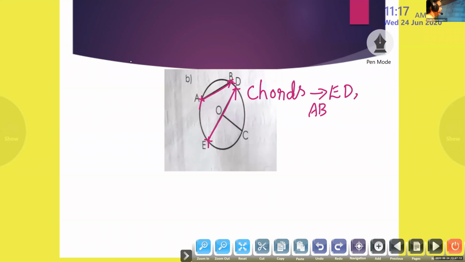Now I want Rishikesh to tell me the diameter. ED. Very good. Because it passes through the center O. Excellent, Rishikesh.